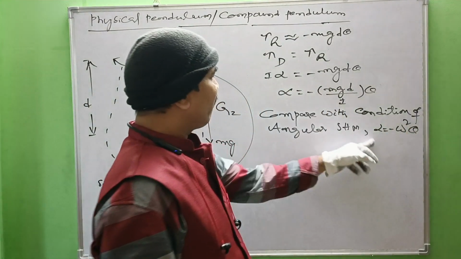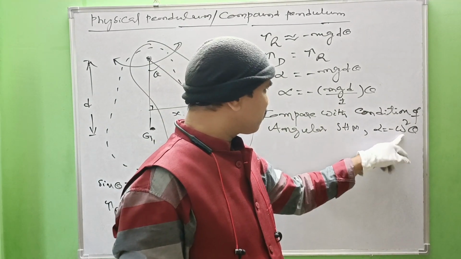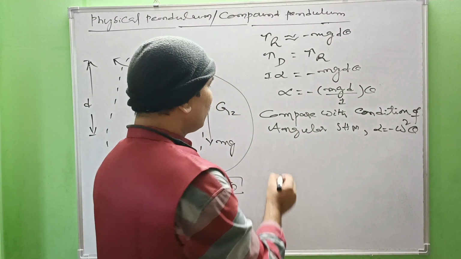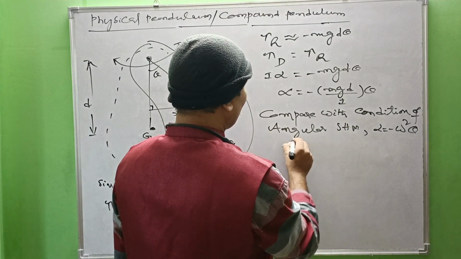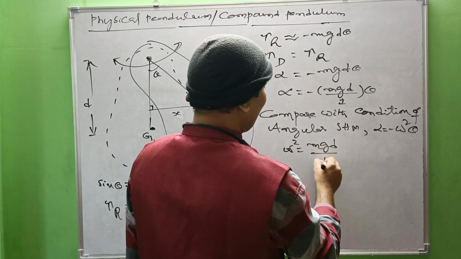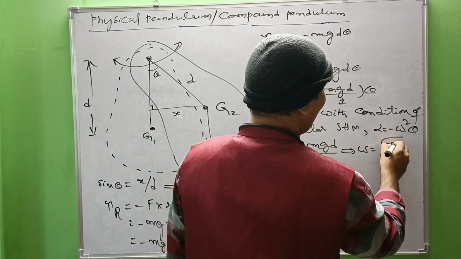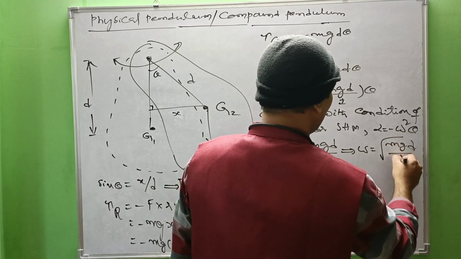Alpha cancels, minus cancels, theta cancels. We are left with omega square equals mgd by I, which implies omega equals root over mgd by I.